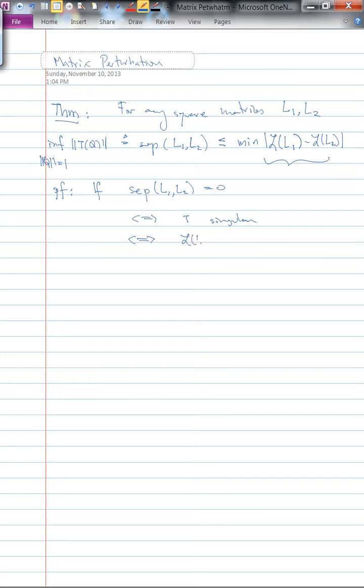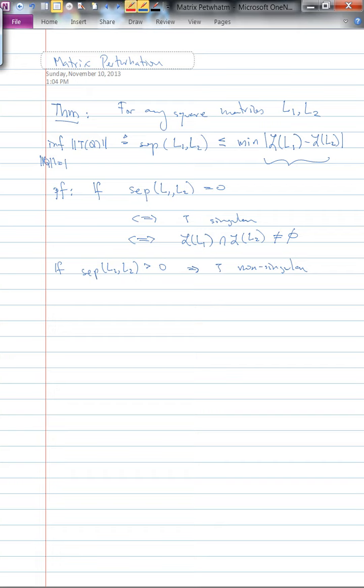Namely, they're exactly given by that Minkowski difference. So that's equivalent to saying that these have some overlap, and therefore the min on the right-hand side would be equal to 0. Now, if this is strictly positive, it means that T is non-singular, and thus has an inverse.